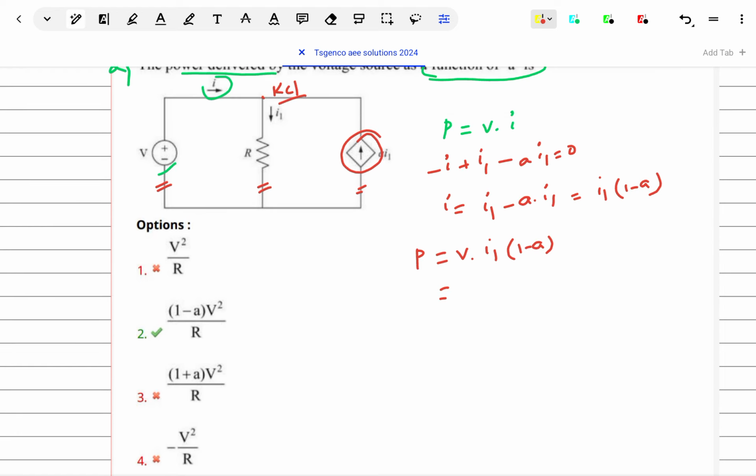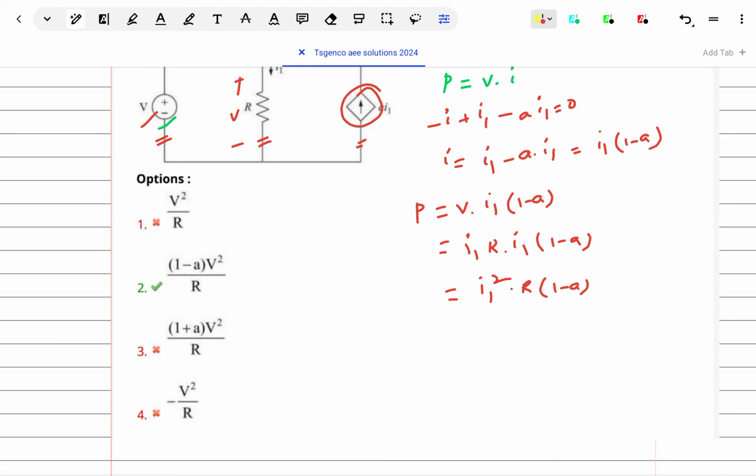So I can write that the voltage across the voltage source is the same as the voltage across the resistor. So V is nothing but I1 into R, and I is I1 into (1 minus A), which is equal to I1 square into R into (1 minus A) will be the answer.